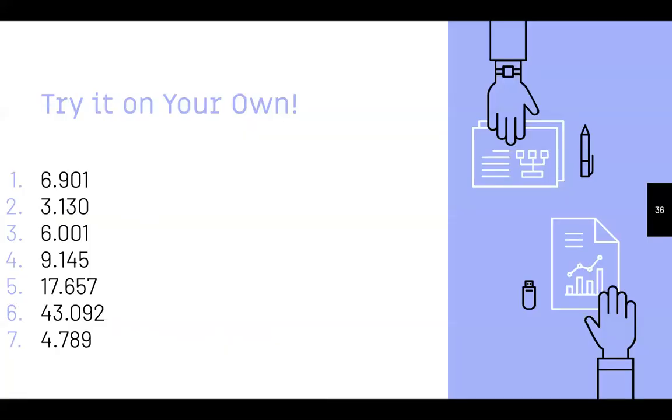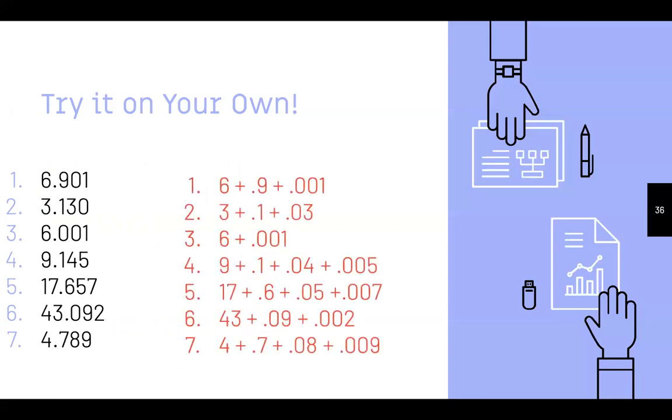So try on your own. This is when you can pause the video. I might keep going. Either way we want to go, except that first one, there's nothing in the 100th spot, so we can just skip that, and you can see I don't have a number for the 10ths. For the second one, there's a 0 in place for the 1,000th place, so you don't need a number for that.